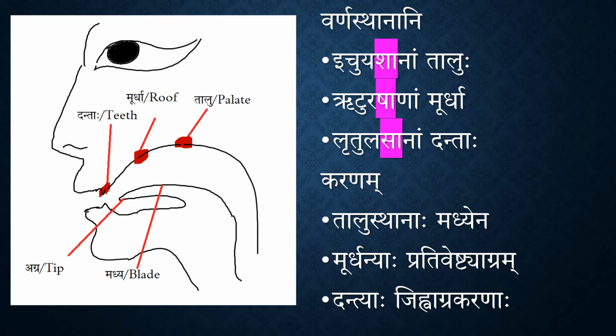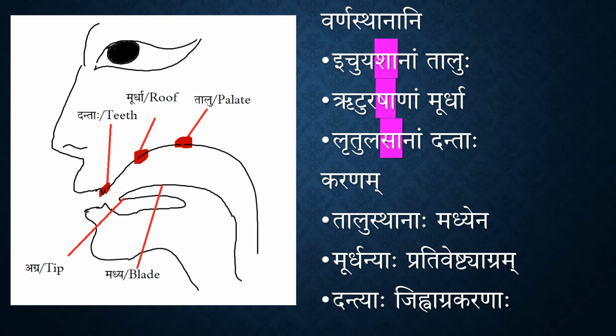And for Sha, it is said Murdhanyaha Prativeshtyagram. For the letters which originate from Murdhan, or this roof part, the Agra, or the tip of the tongue, has to be curled. Prativeshtya means it has to be curled, and then it has to either touch or come near this Murdha, or the roof part of the oral cavity.